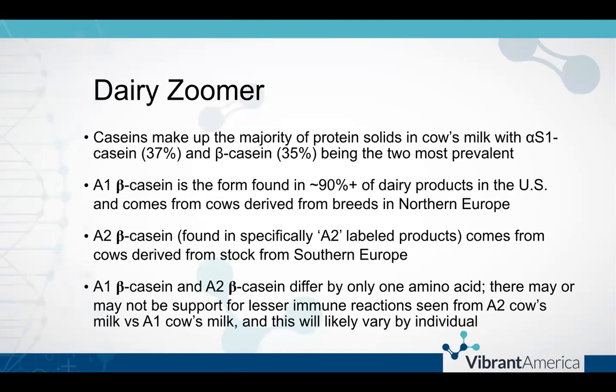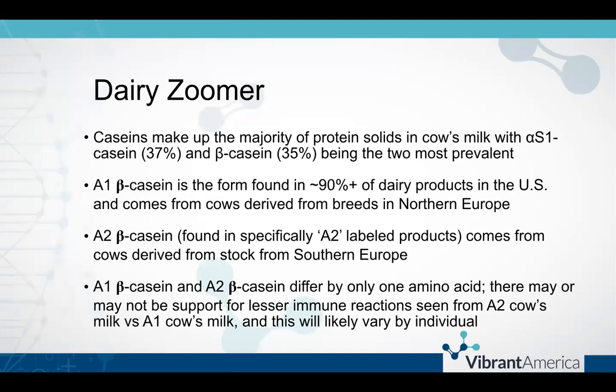A1 beta casein is the form found in about 90% or more of dairy products in the US. It comes from cows derived from breeds in Northern Europe. And then A2 beta casein, which is what you'll see labeled in grocery stores, sort of a trendy thing lately, as A2 milk, comes from cows derived from stock in Southern Europe.